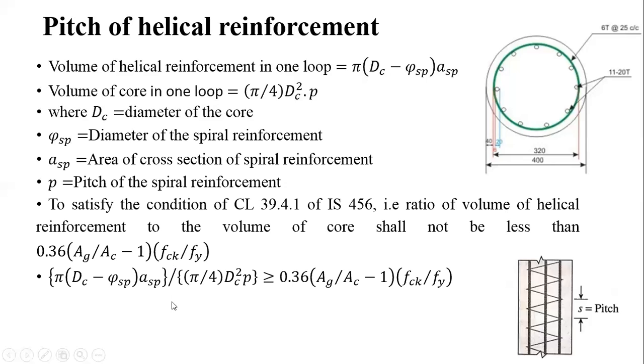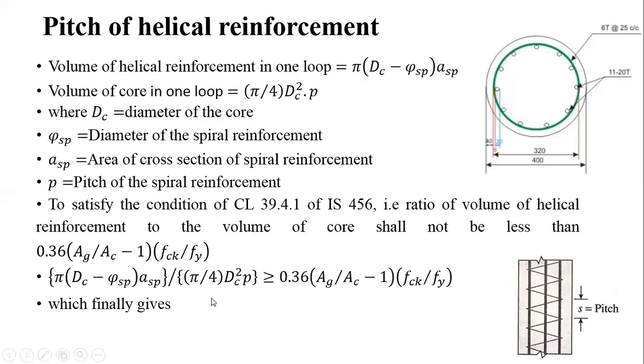In other words, this is my volume of helical reinforcement from here to here, and this is the volume of core. So this ratio shall not be less than, which means it should be more than this value as per the code: 0.36 (AG over AC minus 1) FCK over FY.